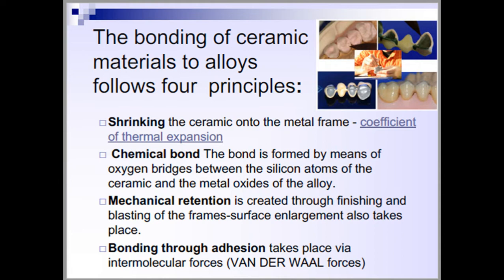Because of this difference in the coefficient of thermal expansion between two different materials, they can hold on to each other. So these are the four different ways how veneering ceramic gets bonded to the underlying structure.